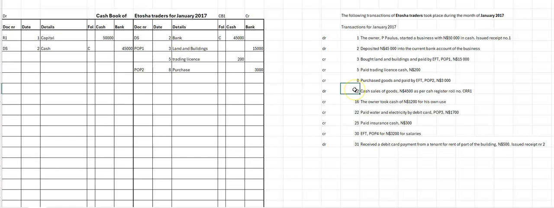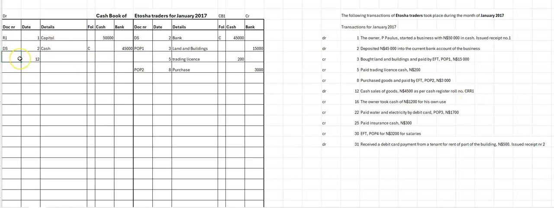Okay, then on the 12th, we have a debit transaction. We're going to start there. Debit transaction on the 12th. We have cash sales of goods. Okay, so I see that I have a spelling mistake over there. Let me just fix it quickly. Cash sales of goods for $4,500 as per cash register roll number CRR1.